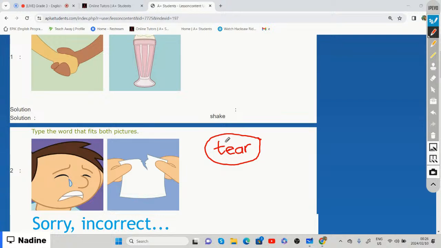Because if we look at the word tear and we look at the word tear, right, it is spelled the same, but it sounds different. All right.